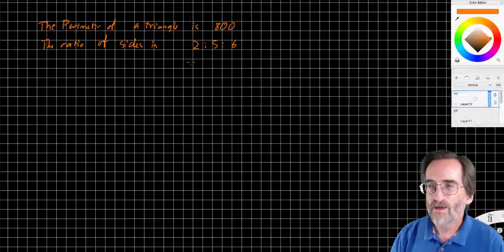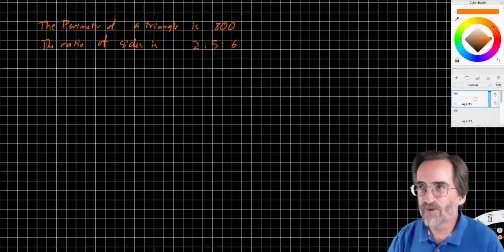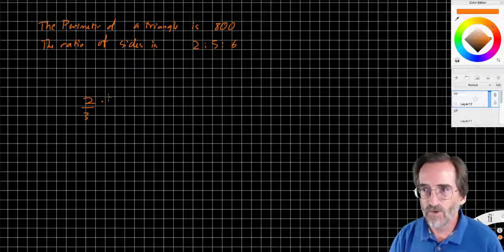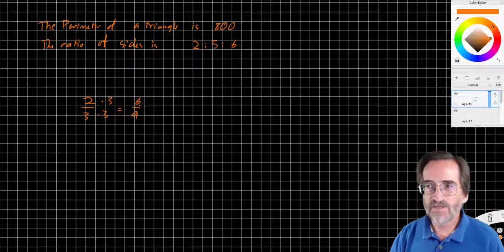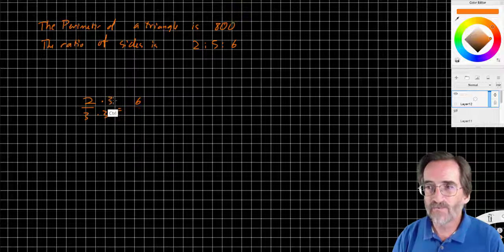So here's one way to solve that. You can multiply by any number you like, a constant. For example, let's say I have the fraction 2/3. If I multiply top and bottom by 3, that equals 6/9. 6/9 and 2/3 are the same fraction. And that's the same for a ratio.